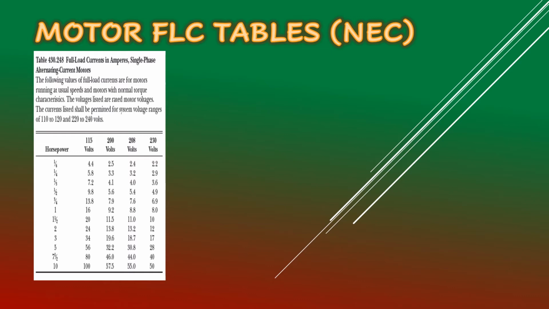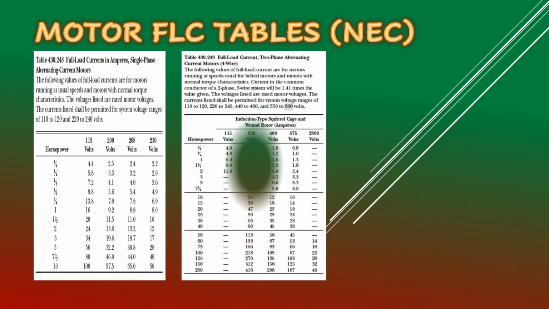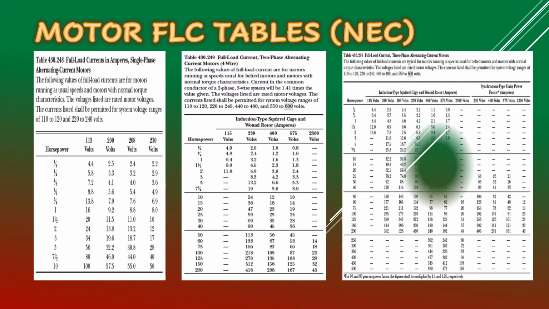So whatever is the voltage rating and the horsepower, we can check that full load current of the motor. Same thing here in table 430.249. This is the full load current for the two-phase alternating current motors. And table 430.250, this is the full load current or FLC of the three-phase alternating current motors. So for motors, when calculating the conductor, we have to use these tables, not the nameplate.